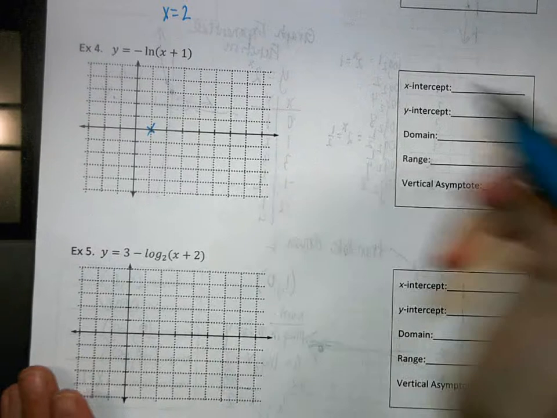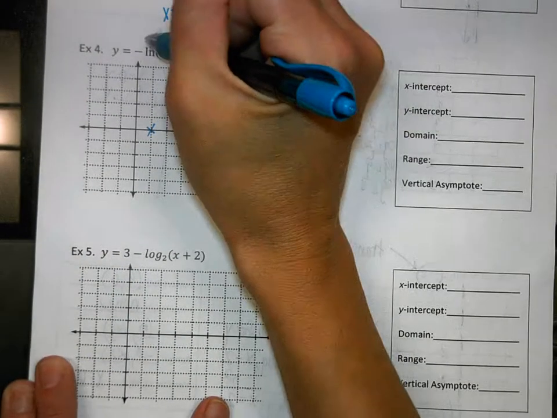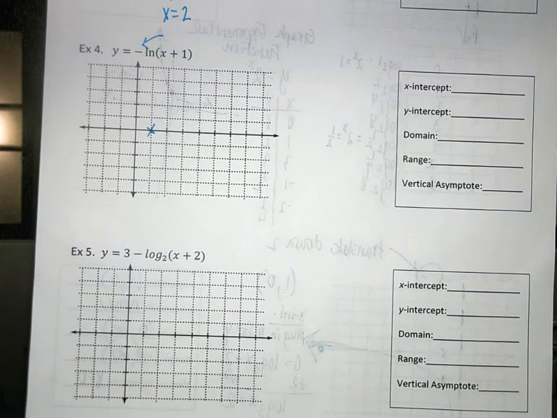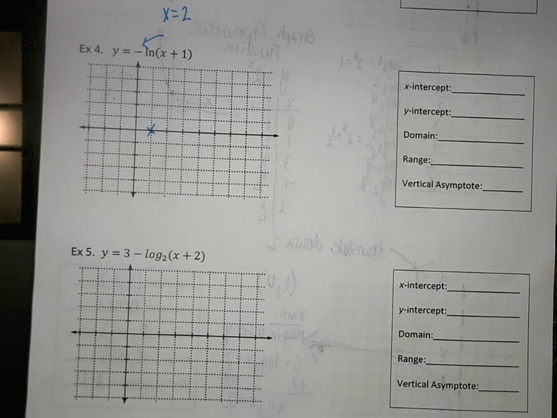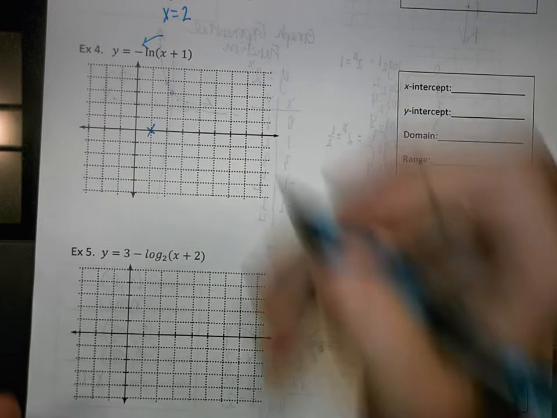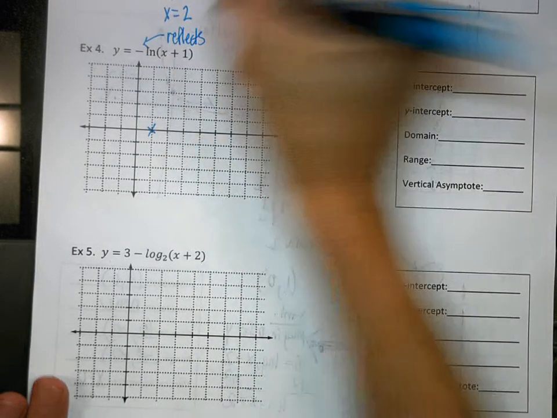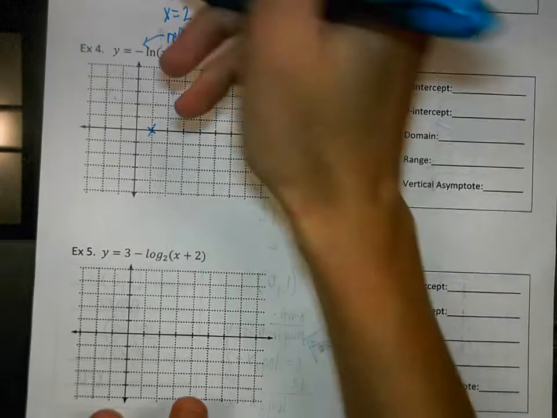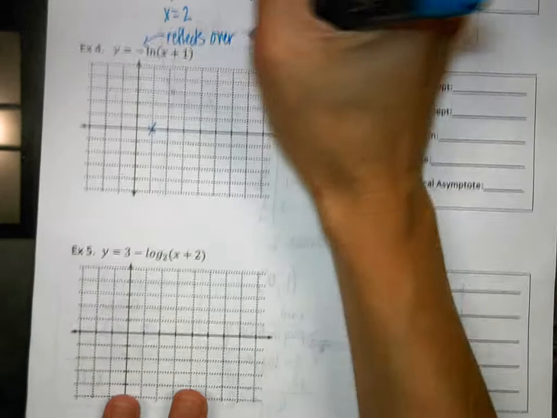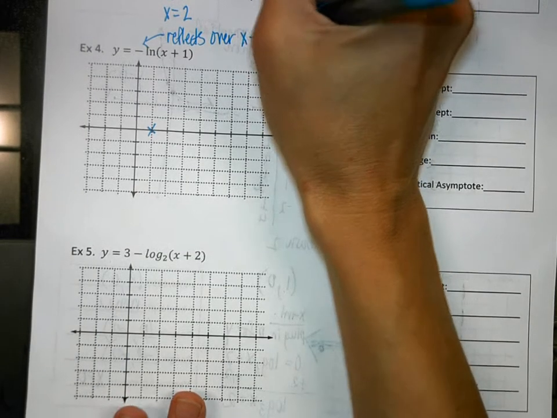Now, what does it mean when you have the negative in front there? It reflects, very good, and specifically, it reflects which way? Very good, reflects over the x-axis.